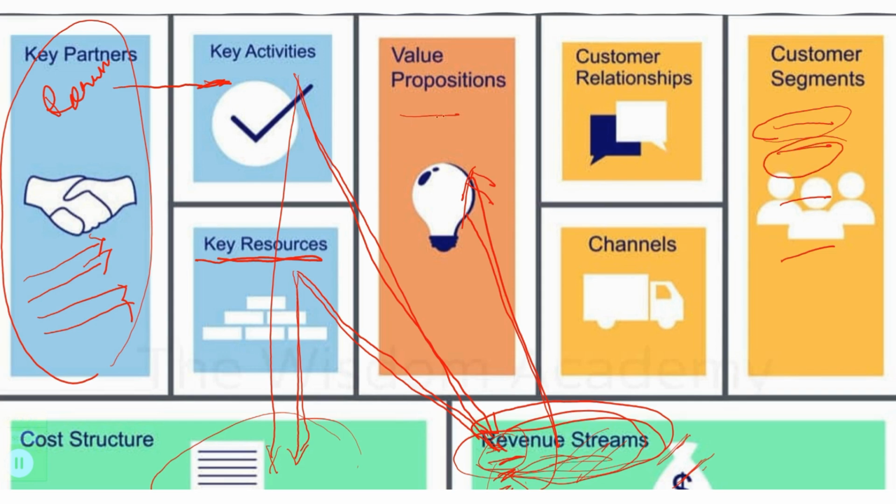Like the way the value is propagated here, these values are to be proportional to these customer segments. Then only the target customer segments can use your products and services. If the value is not relevant to the customer, it is highly impossible for the customer to purchase your product, because the value that is created will not match with them.